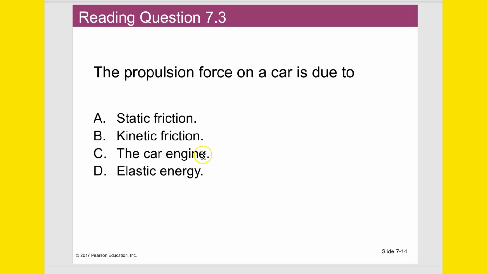The engine makes the wheels turn. That's an internal force of the car. But what actually propels the car itself forward, including propelling the engine itself forward, is the fact that the wheels turn and it produces a static friction with the concrete or asphalt or whatever it is.